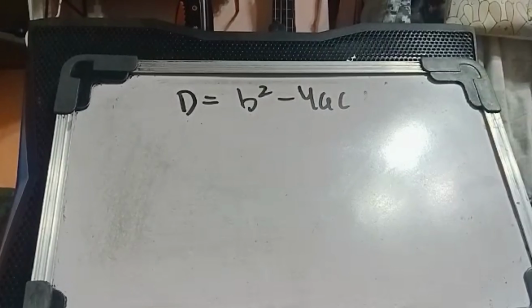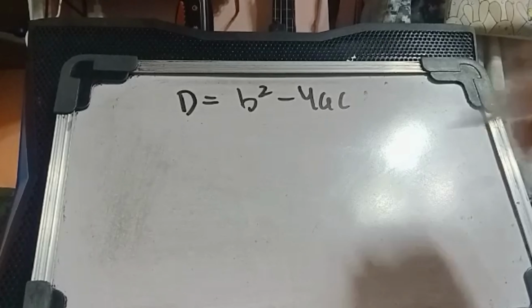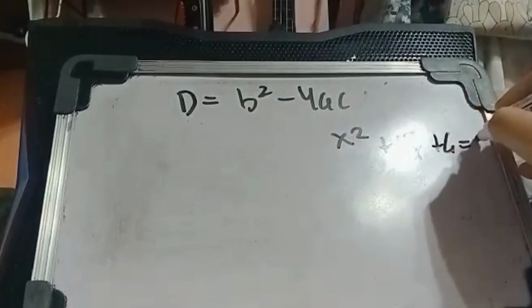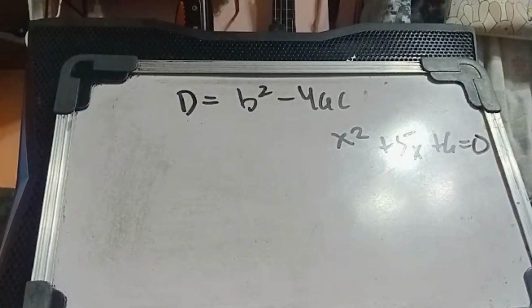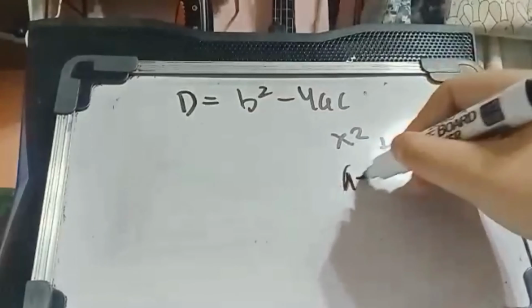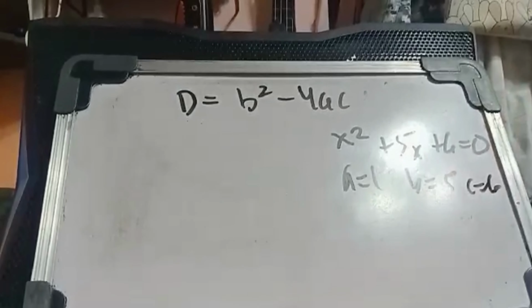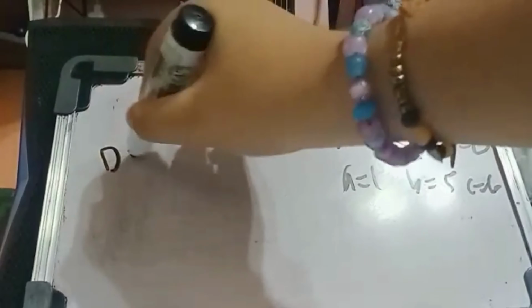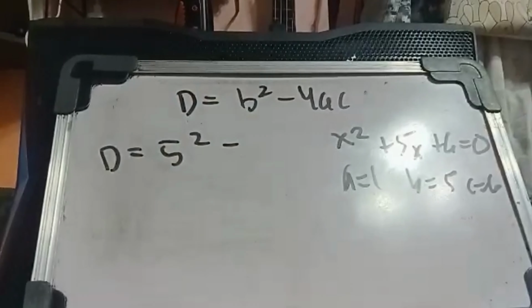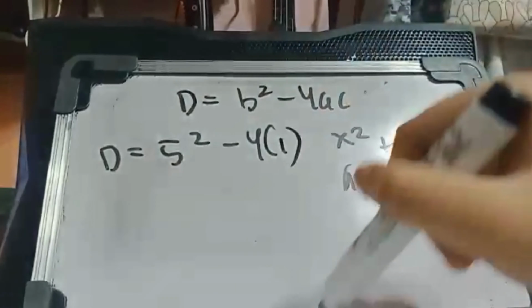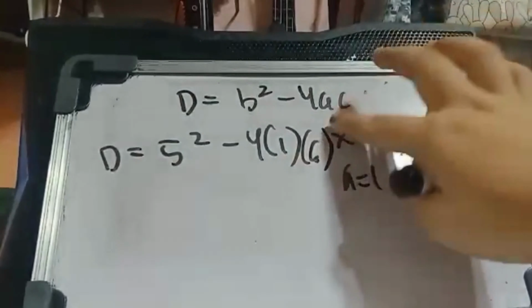Let's find an example. X squared plus 5x plus 6 equal to 0. So, dito, hanapin rin natin yung A, B, and C. A is equal to 1, B is equal to 5, C is equal to 6. So, let's rewrite. D is equal to 5 squared minus 4 times 1 times 6.